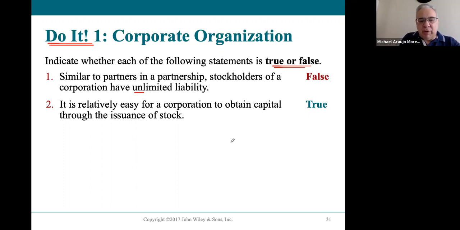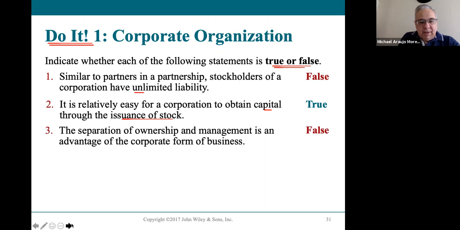It's easy for a corporation to obtain capital through the issue of stock. Yeah, that's one of the benefits or advantages of a corporation, they can simply sell shares of ownership, that's the issuance of stock, to raise money. The separation of ownership and management is an advantage in the corporate form.